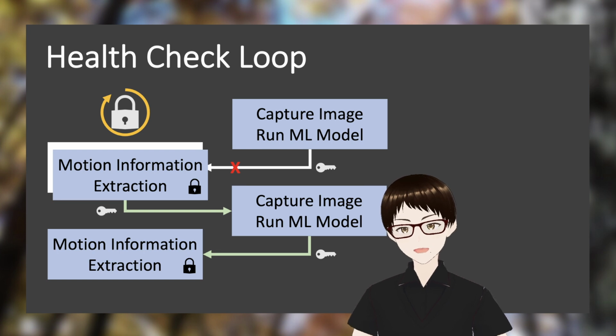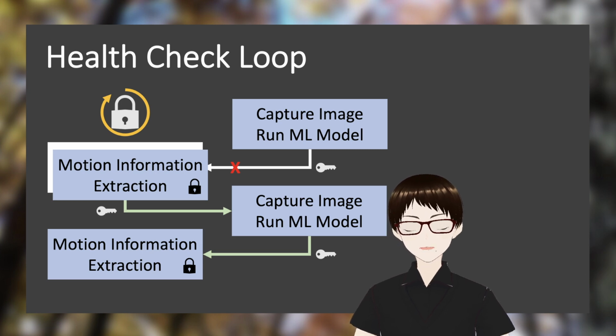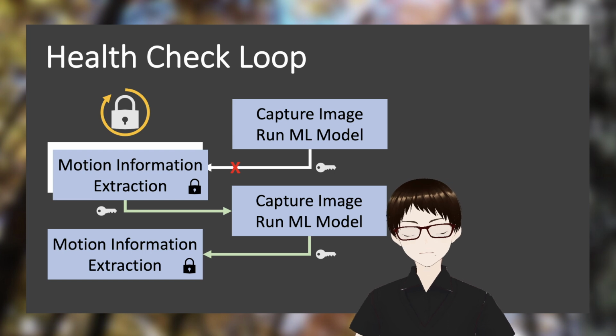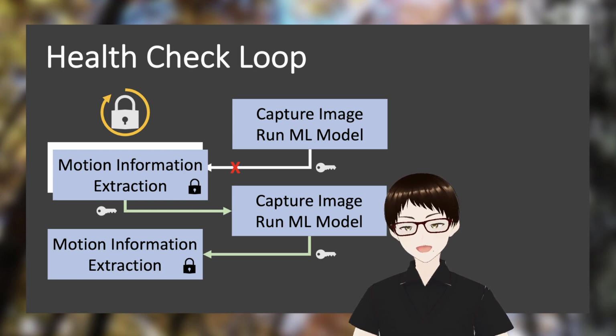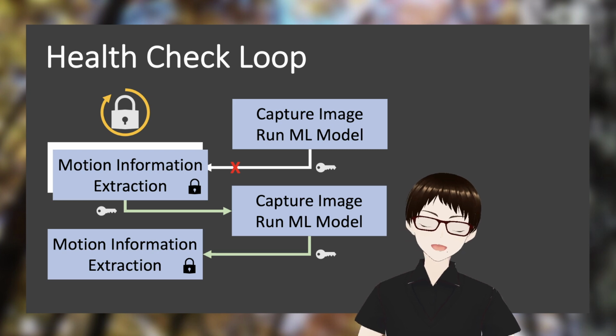With this health check loop, we're basically having another loop keep checking and detecting if this process is correctly running or not. And you will keep the latest key. So you will generate a lock and a key and put a key through our machine learning model that is running in another thread.